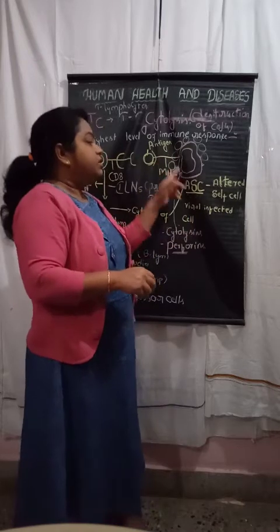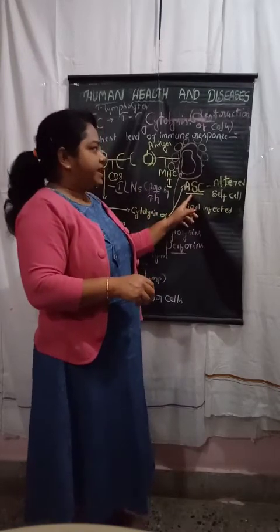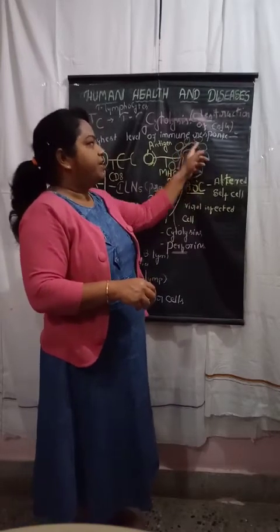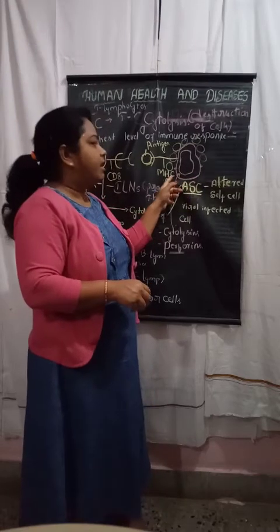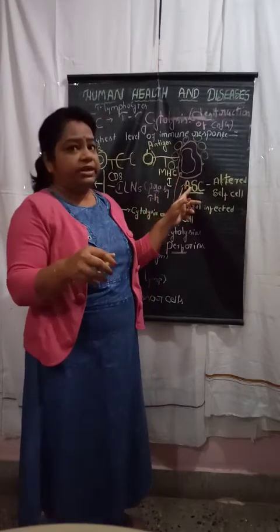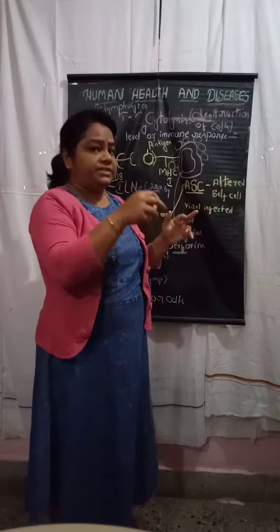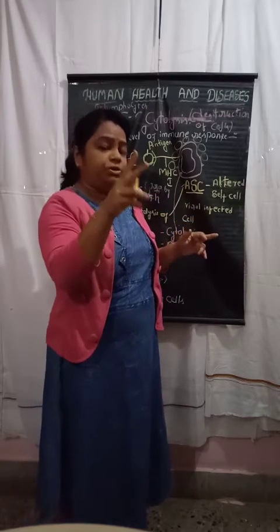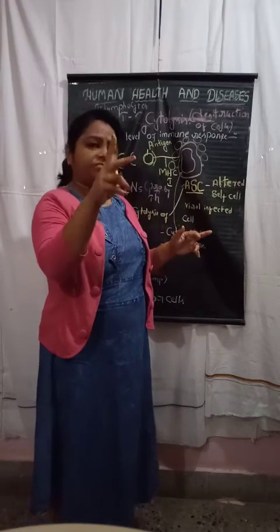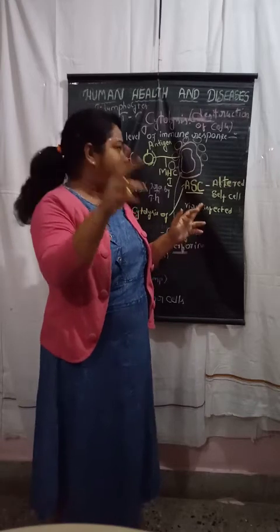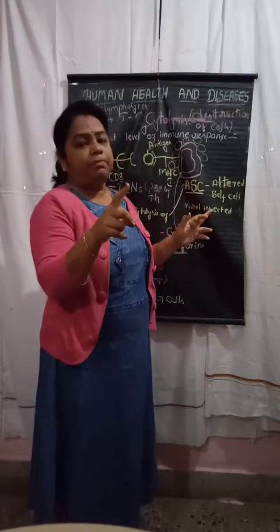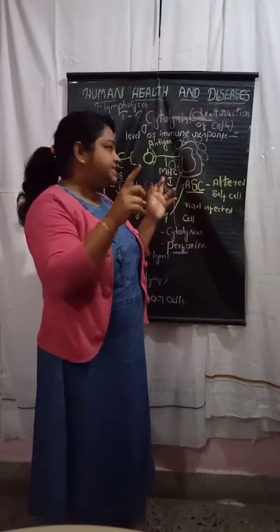Okay, so these altered self cells, what do they have? The surface marker, I already told, is the complex. So what is that complex? That is the MHC complex.